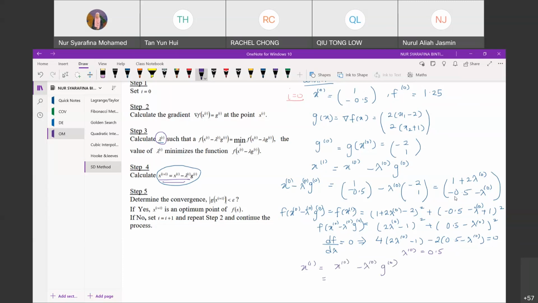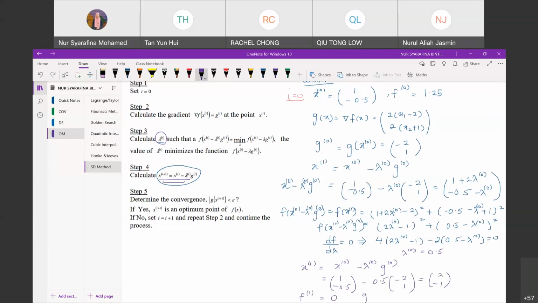Here x naught is 1, minus 0.5. Lambda naught is 0.5. g naught is minus 2, 1. So this gives you x1 equals 2, minus 1. Then you can calculate your f1, which is 0.